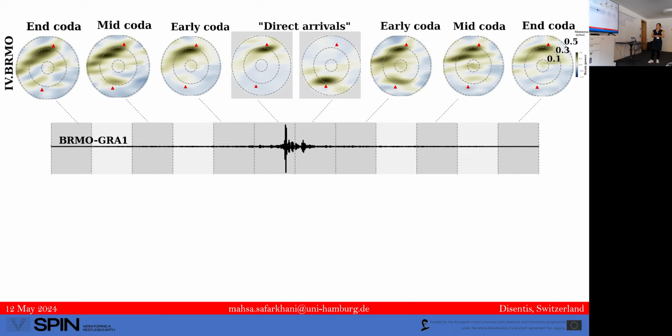So maybe we just say that, okay, it's similar to the directions of BRMO, north and north-west, for example. So we just try another master station with completely different geometry.